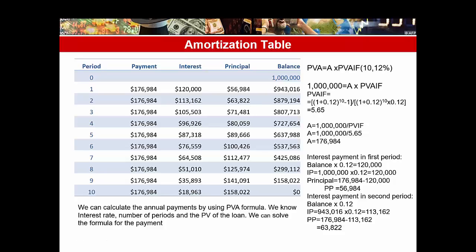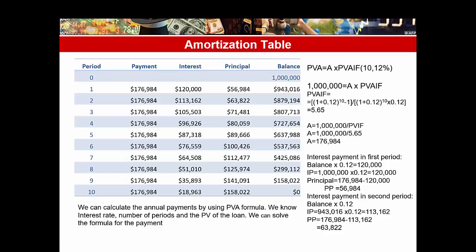Now, after payment of this amount, the loan balance is going to decline to $879,194. The interest from period 2 to period 3 is going to be charged on this balance. In this case, it is going to be $105,503.